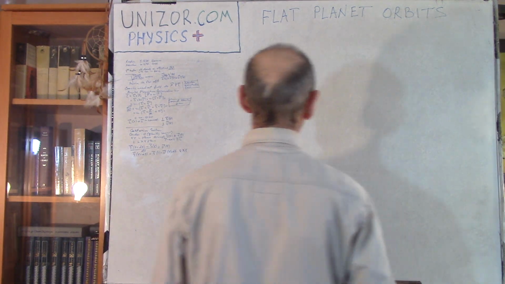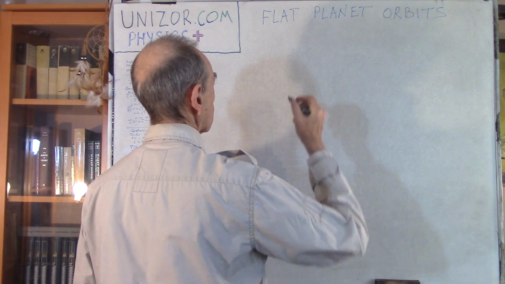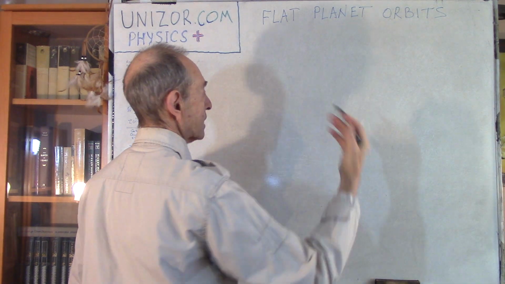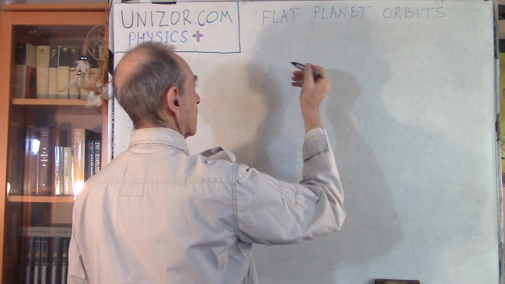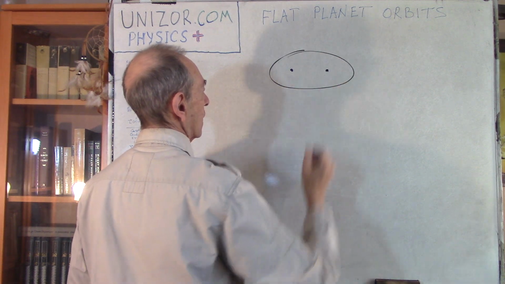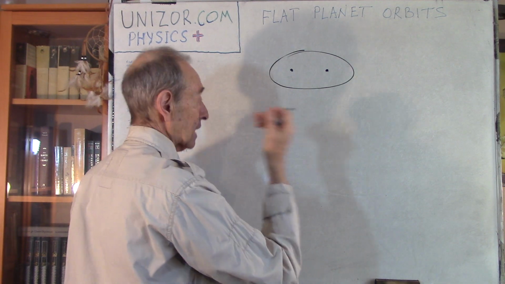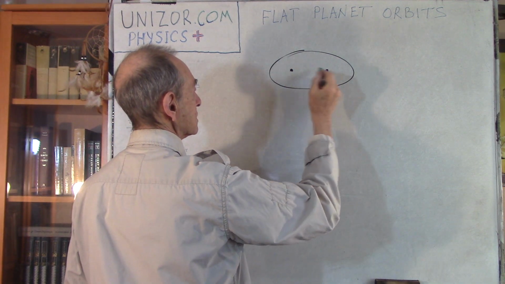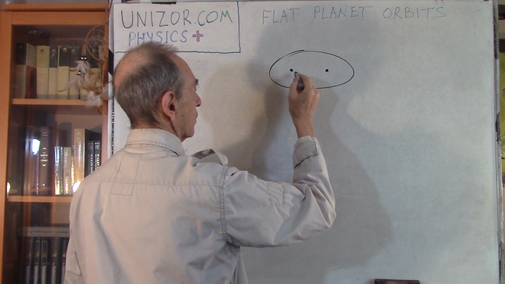Well, just maybe if you forgot, an ellipse can be defined in a very practical way. You have 2 points, and let's say you have some kind of a rope which is fixed in this point and in this point.